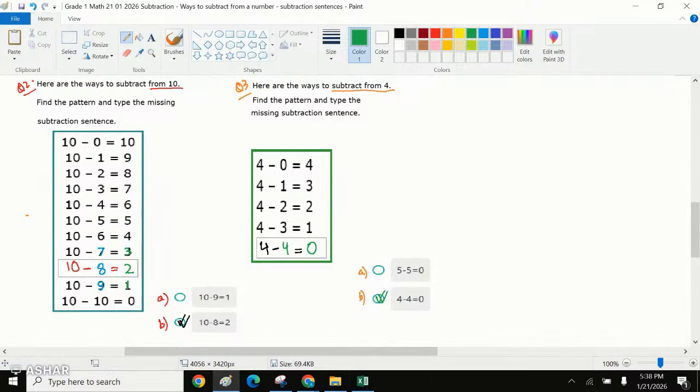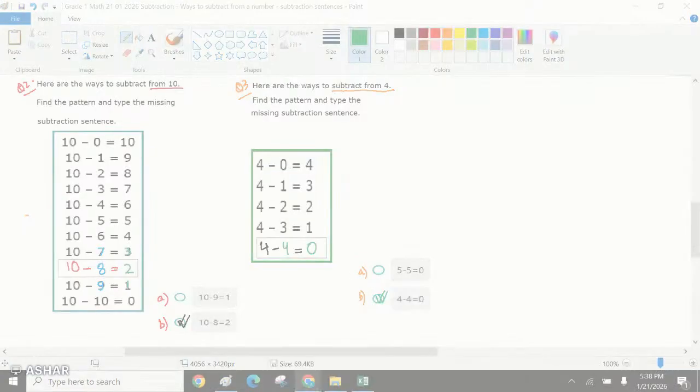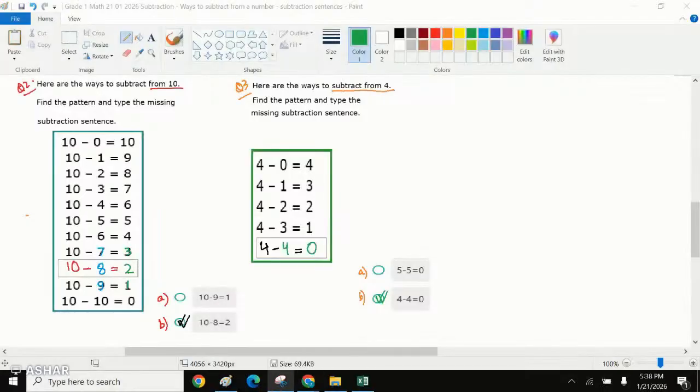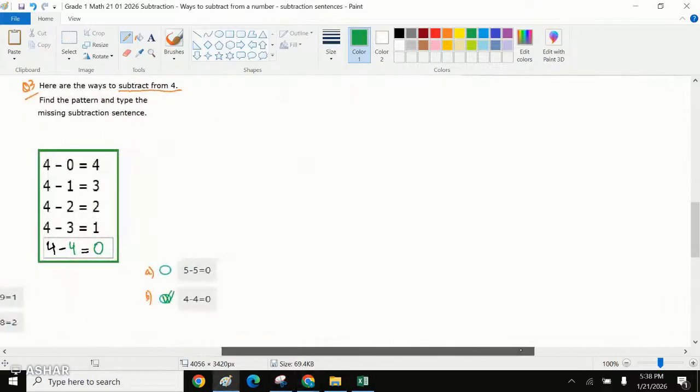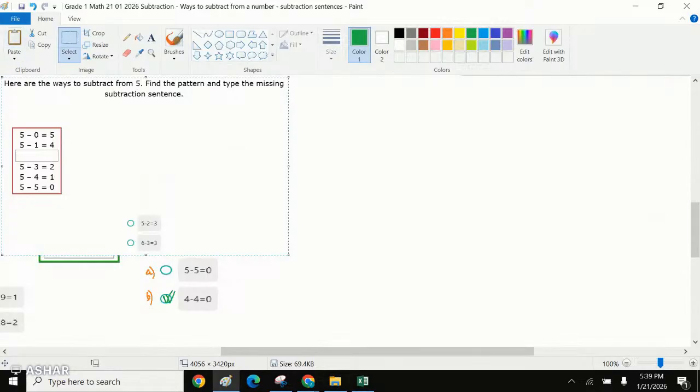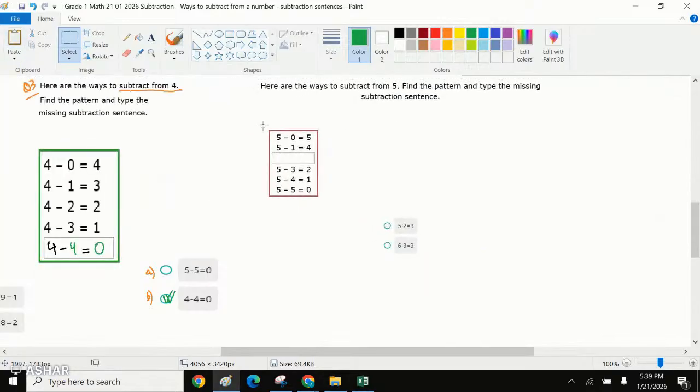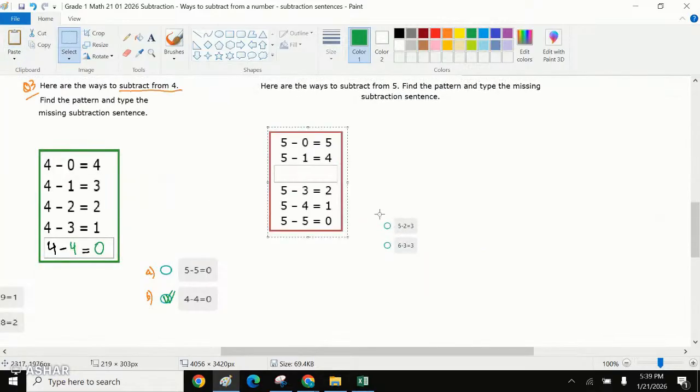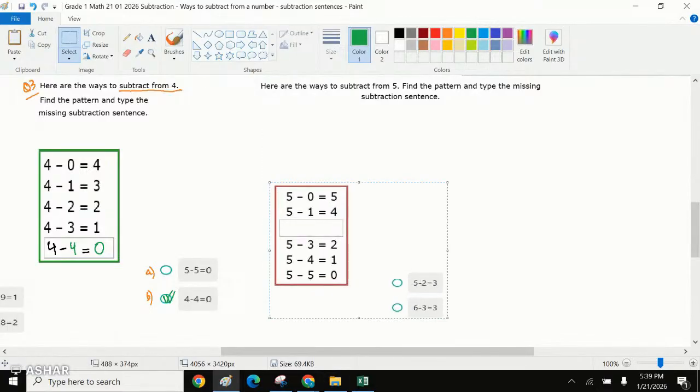Okay. Let's have a look at another question. This is subtraction from 5. Let's see what answers and statements are given to us. If this is a subtraction from 5, let's say this is our question number 4. These are the two options given to us, A and B. And let's rewrite the statement.